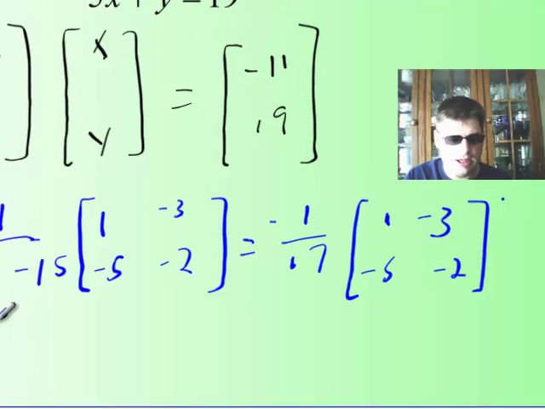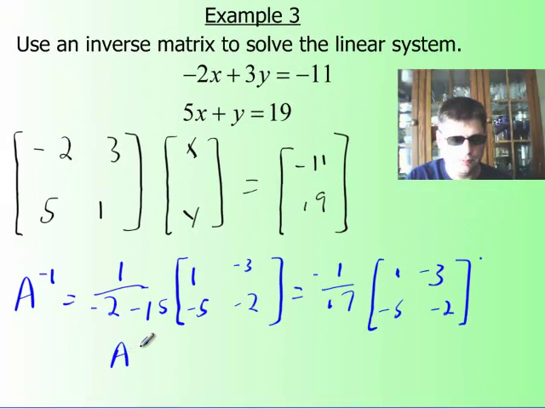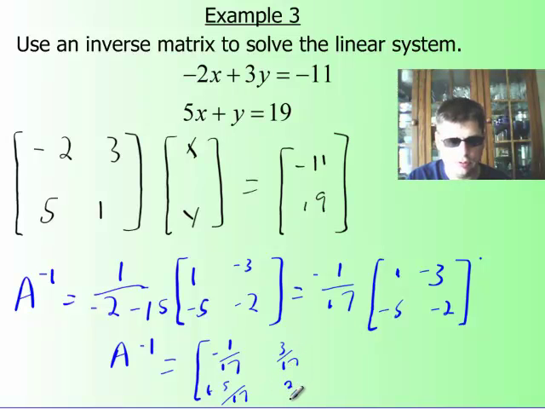We'll need to multiply the -1/17 through. So we'll have -1/17, positive 5/17 rather, and positive 3/17, and positive 2/17.